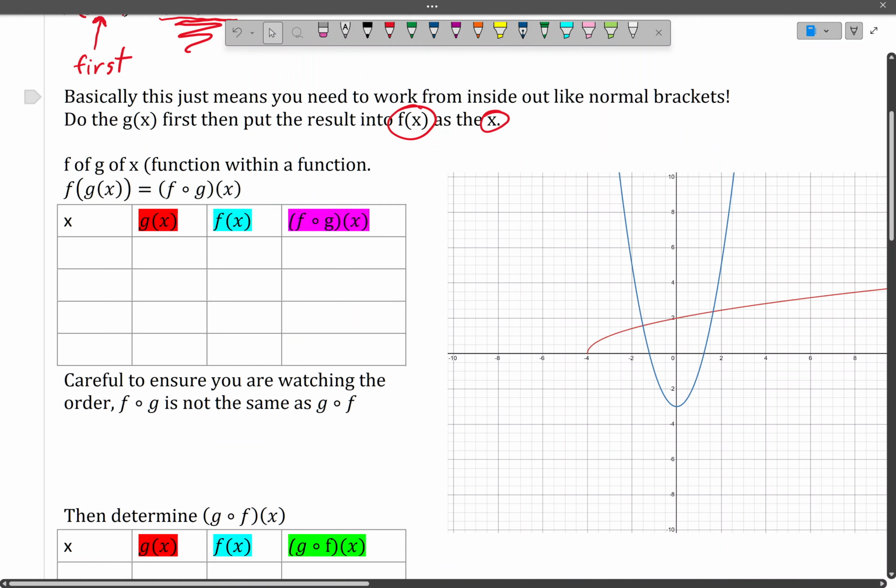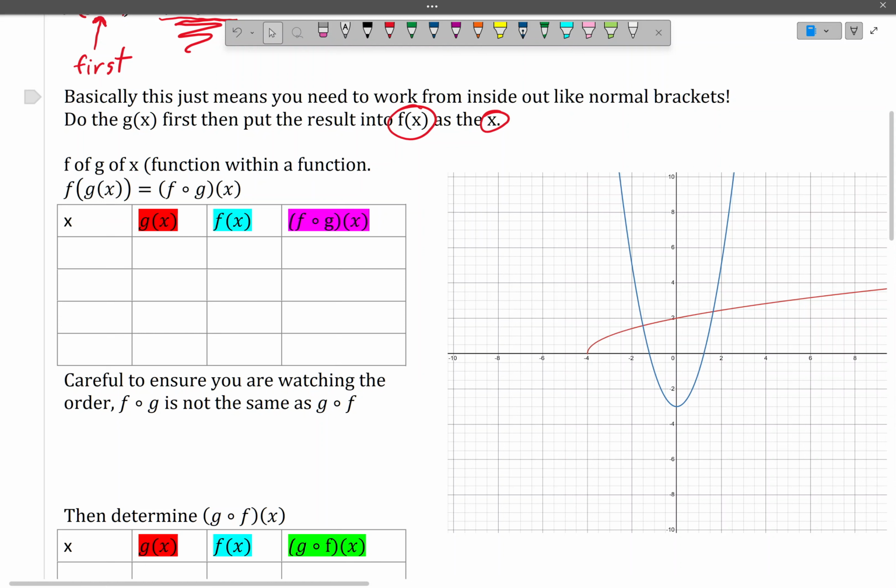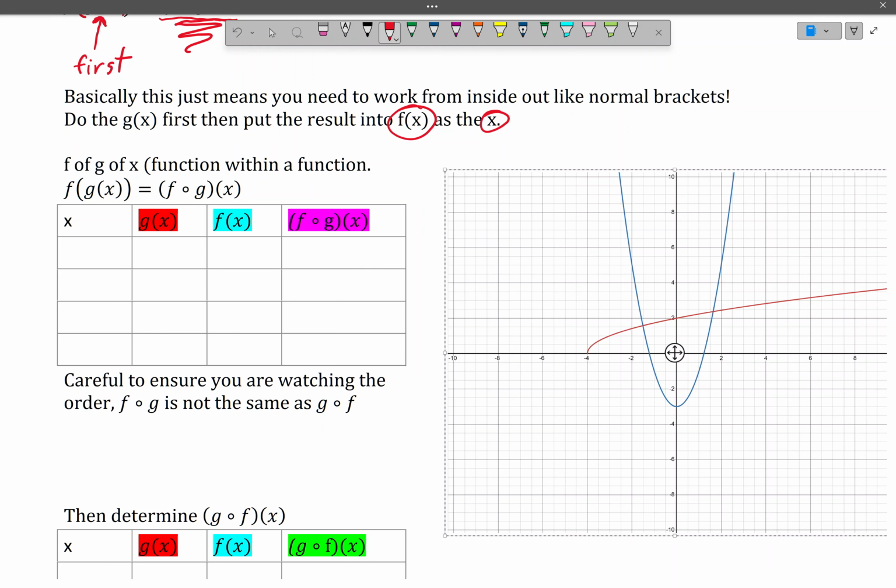Okay, so here we have the functions, and I tried to color coordinate them so you can follow along. The red one is the g of x, the blue one is the f of x. And we're going to pick some quote-unquote nice values for x. So one of them that we're going to use is going to be -2.